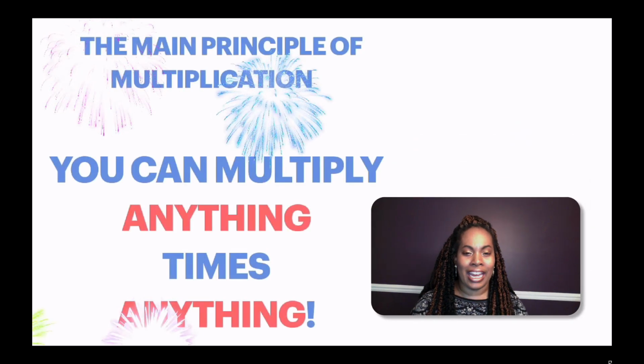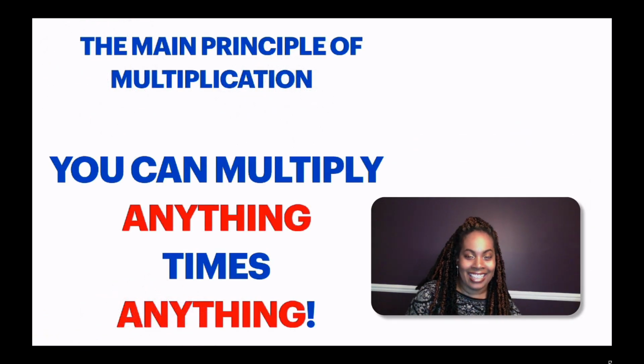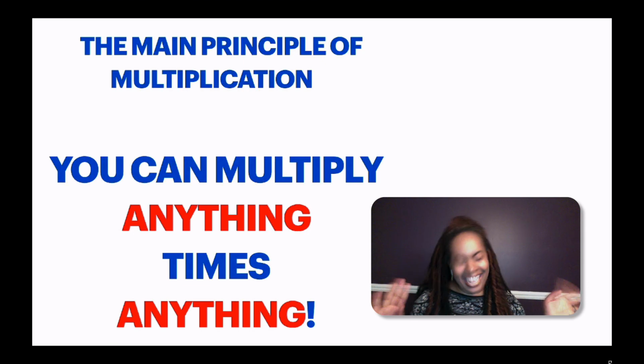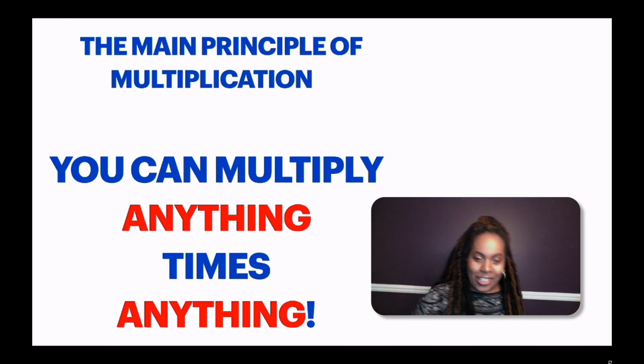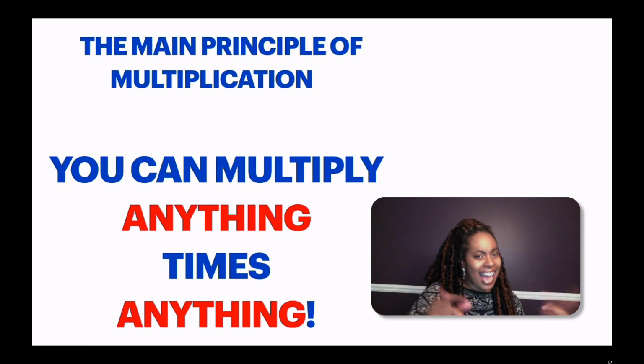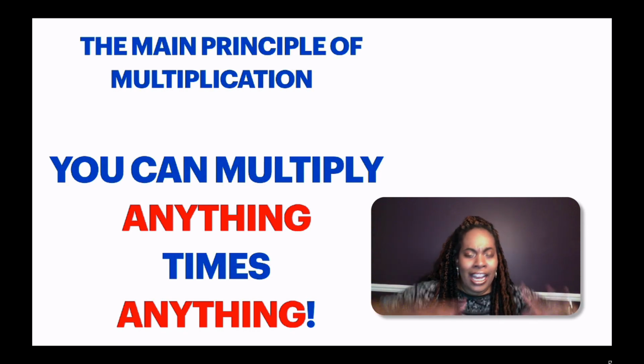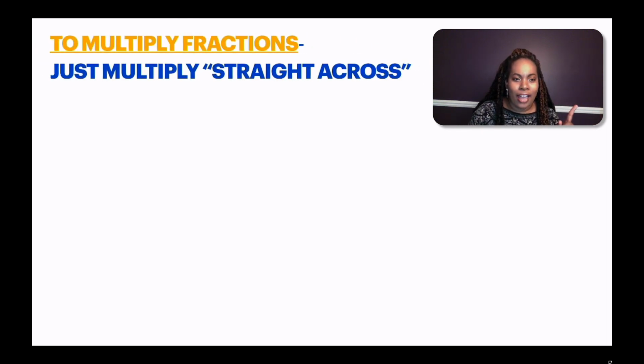Let's review what we talked about today, starting with my favorite, the main principle of multiplication: you can multiply anything times anything. And because we can multiply anything times anything, that makes multiplication very, very easy. Number 1, to multiply fractions, just multiply straight across.